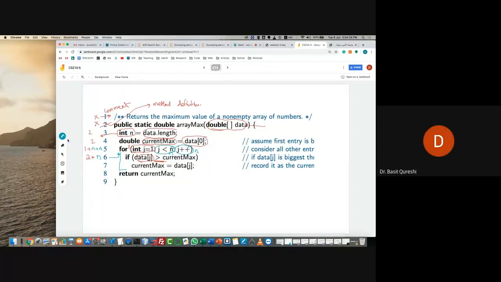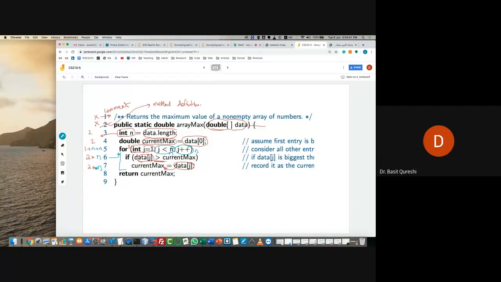How about this one? Line number 7: fetching a value from index 0, and then storing it in the local variable. So we're considering this to be equal to 2n. Two operations, and because this is inside the loop, we multiply it by n.